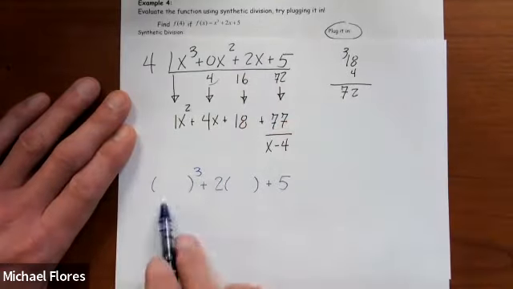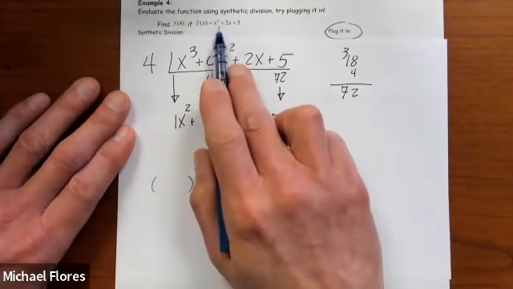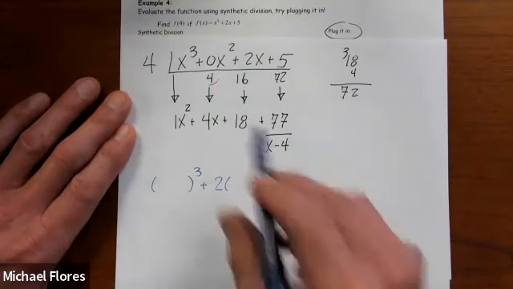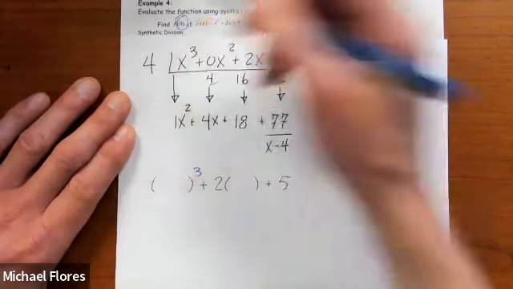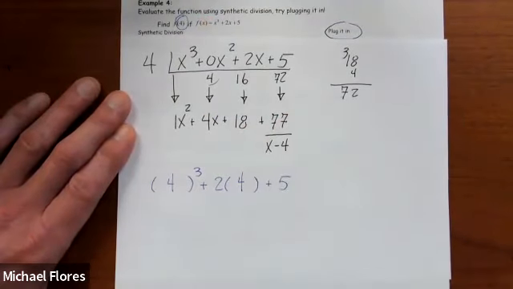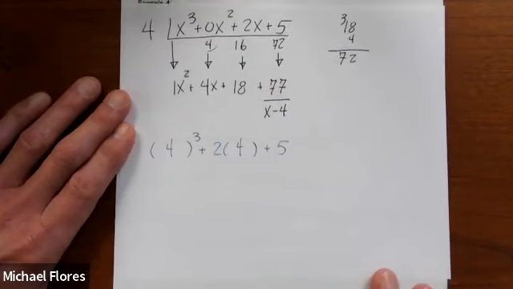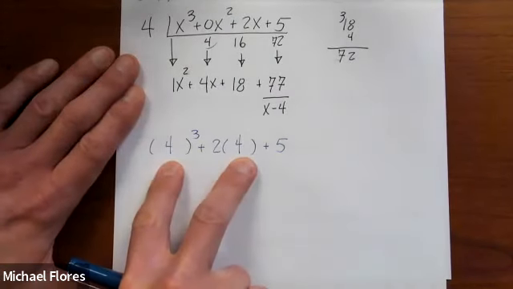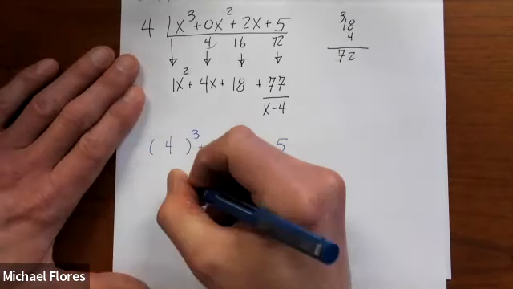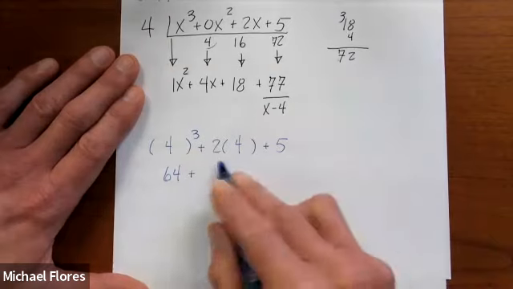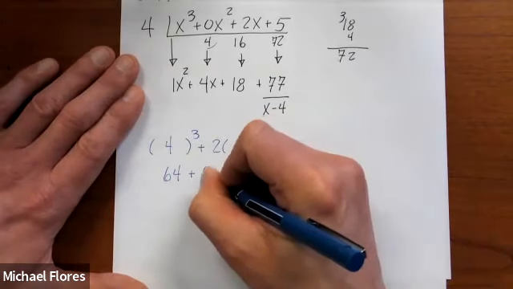Now, here's what I did. I rewrote this function, x cubed plus 2x plus 5, but instead of x's, I put parentheses, and in those parentheses, we want to plug in a 4. And then order of operations, parentheses first, but there's nothing to simplify in the parentheses. So let's do our exponent. 4 cubed is 64. Now we can take care of this multiplication here. 2 times 4 is 8.